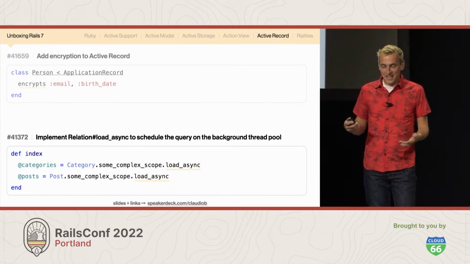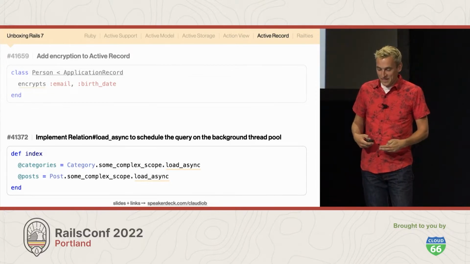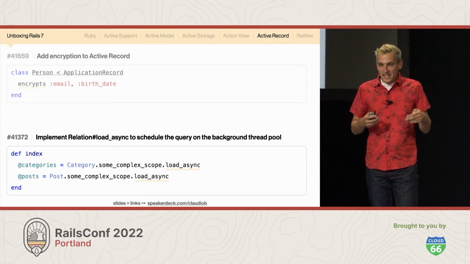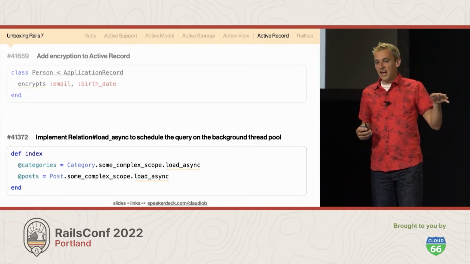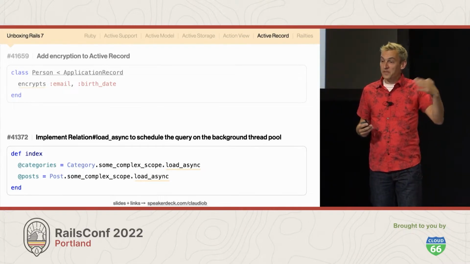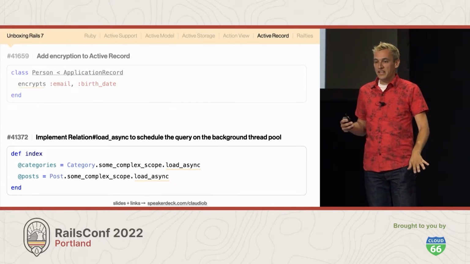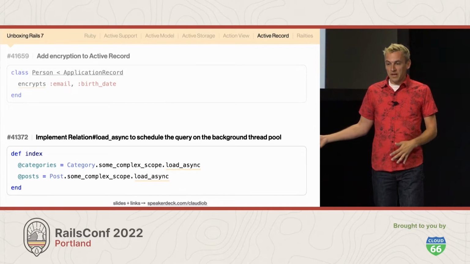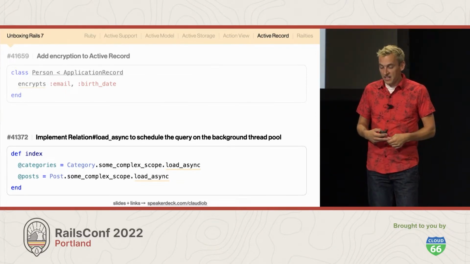This is not great because your web response is going to be 10 seconds. The users are just going to leave. But maybe you don't need these calls to be blocking. You can just say, hey, can you load the categories, but meanwhile, can you continue and do the rest? Load the posts, and then start rendering the page, and then only when you need to display them, then maybe wait for them, or maybe they're available by then.